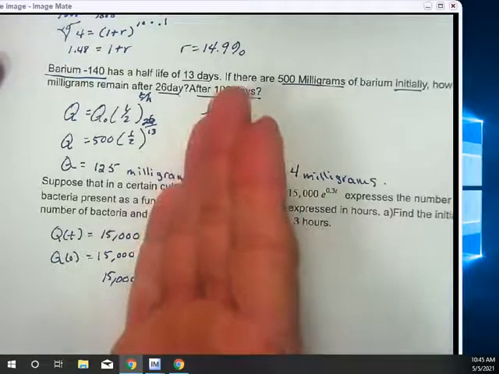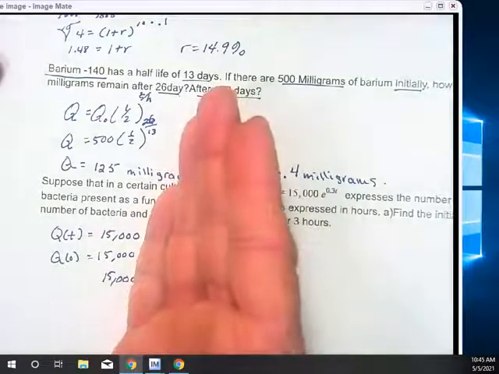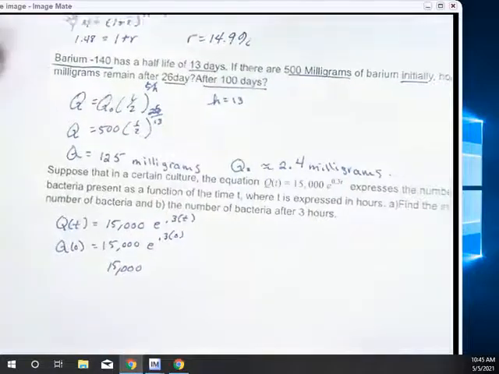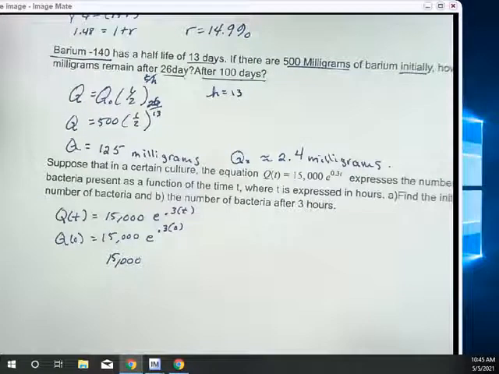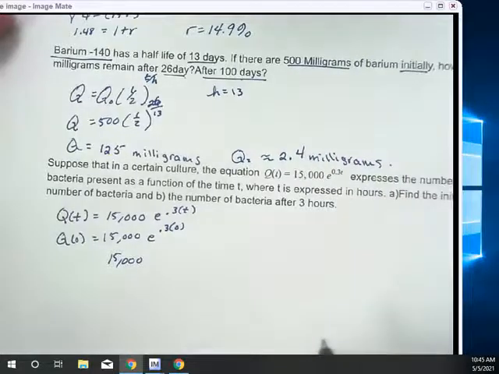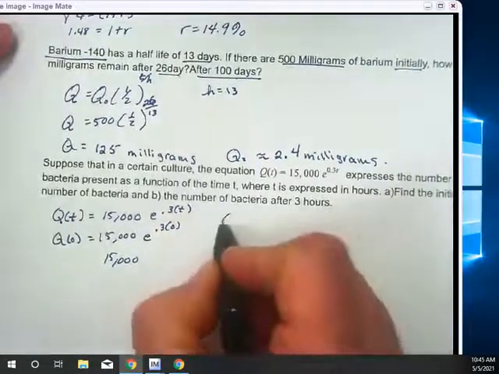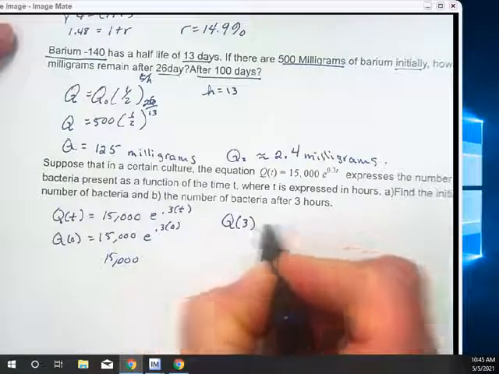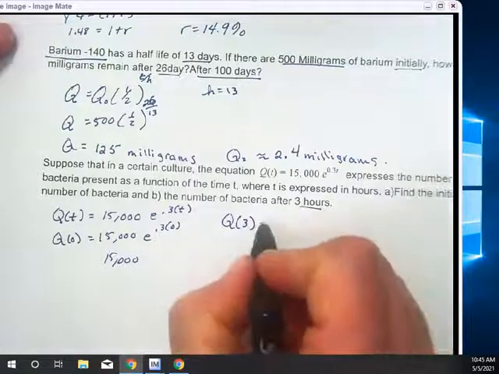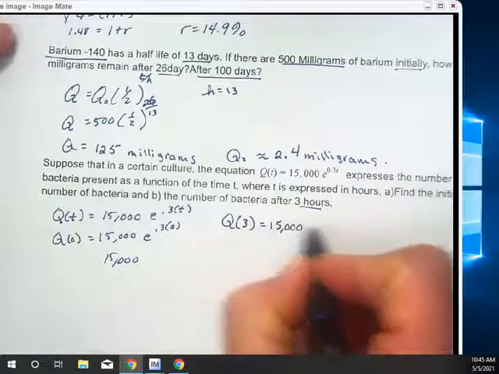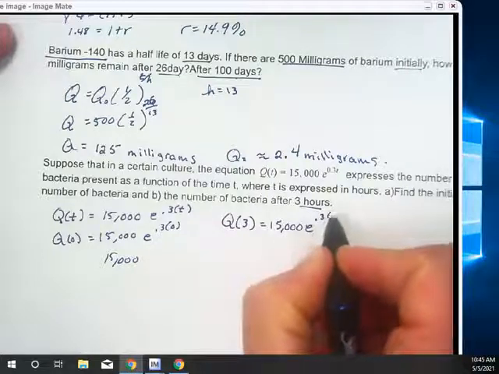E to the 0 power is 1. 1 times 15,000 is 15,000. Second question, what's the number of bacteria after 3 hours? Same problem, except now I need 3 hours. 15,000 E raised to the 0.3 times 3.